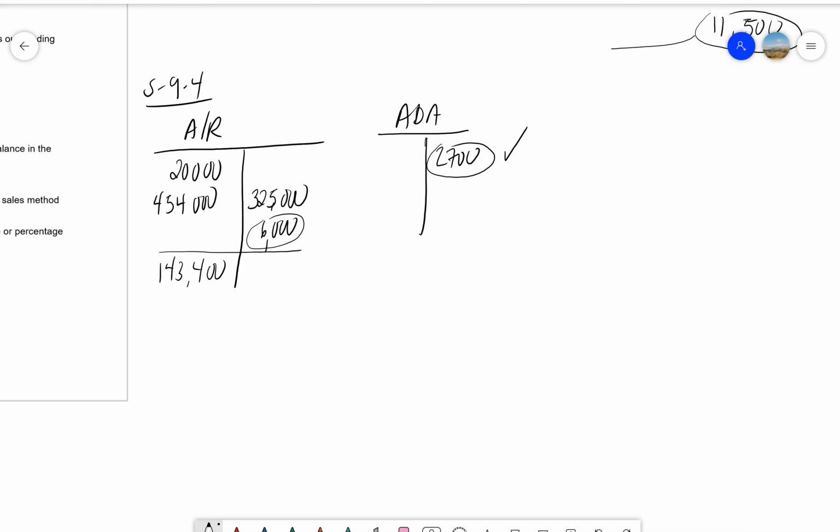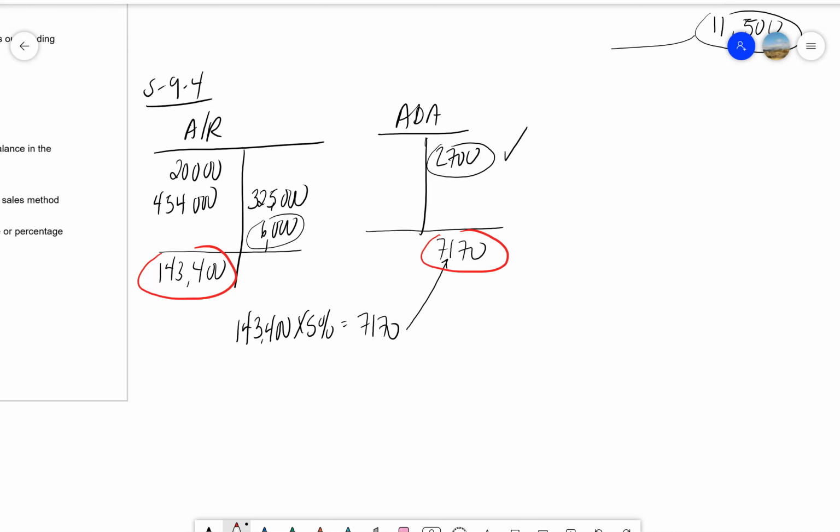And so the percentage that they expect will be uncollectible is 5% of the accounts receivable balance. So then all we do is take the accounts receivable balance, multiply by 5%, and the $7,170 is also going to be the target in our allowance for doubtful accounts. Remember, we have accounts receivable of $143,400. We expect 5% will be uncollectible, so the balance in our ADA should be $7,170.